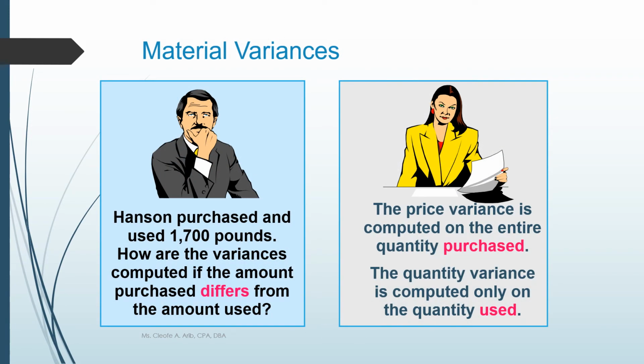In understanding your material variances, please note this: your MPV is computed using the entire amount of materials purchased during the period, while your materials quantity variance is computed using only the portion of materials that was used in production during the period.